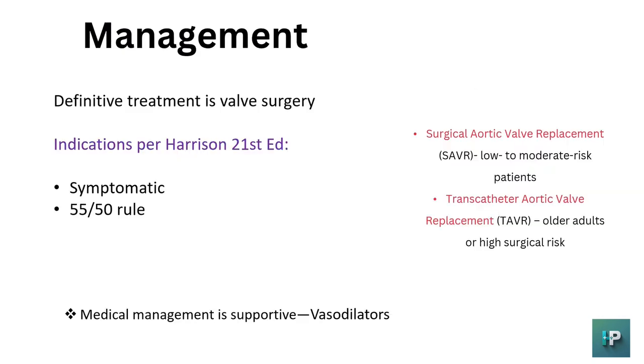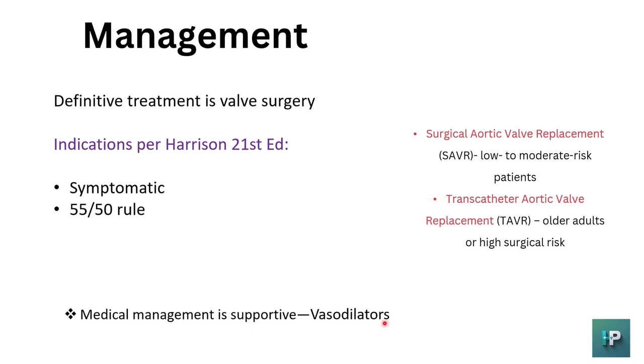Then let's see management. Here the management is by valve surgery. It's the definitive management, and medical management is only supportive, and it's by vasodilators. As earlier mentioned, vasodilation decreases pressure in the aorta and decreases regurgitation.